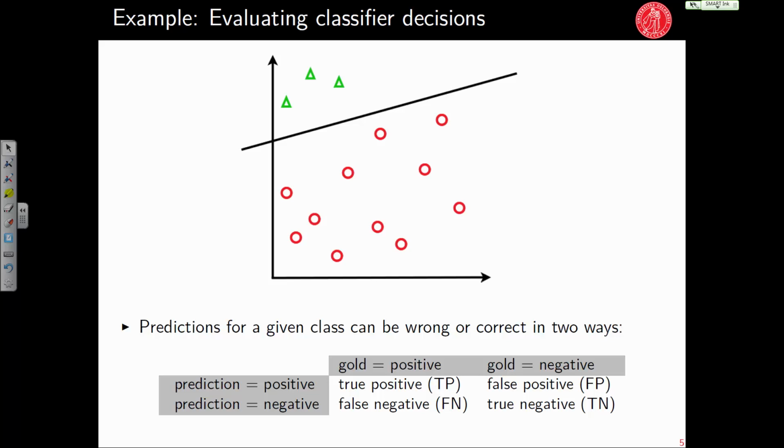The points that are green triangles are the spam emails. We're given this data set, and we learned some classifier. Let's say it's Rocchio, and this line here is our decision boundary. It's a linear decision boundary, but that doesn't matter in this discussion.